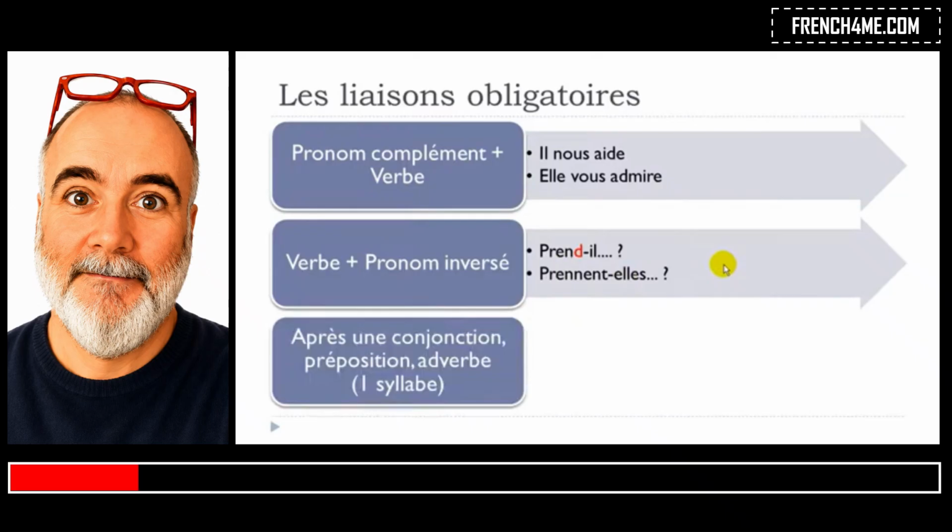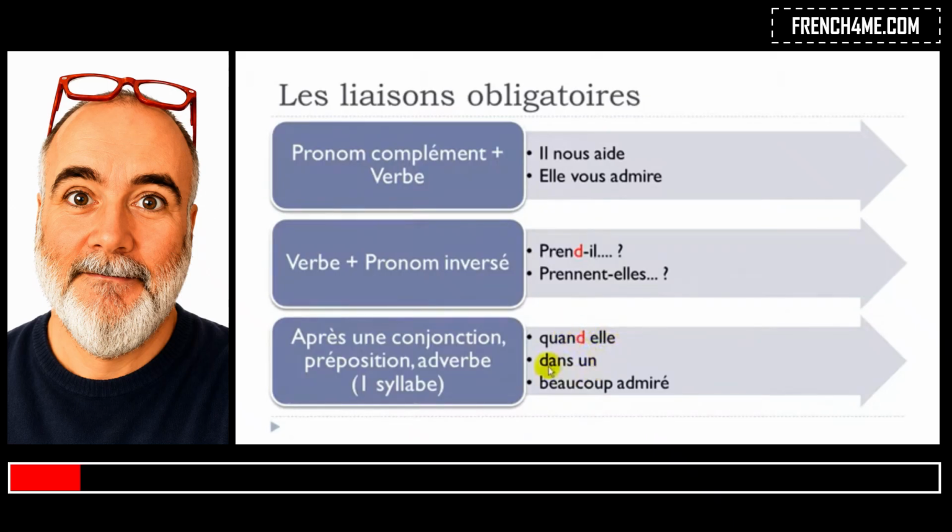And so if you want to construct a structure in which you will have either une conjonction, so these little words that will link either words or sentences, or une préposition, many videos regarding that topic as well, or adverb, but then they should be only one syllable long, okay? So like that, quand elle, all right, same rule here. Remember, when you will have this d, you will phonetically pronounce it like t.